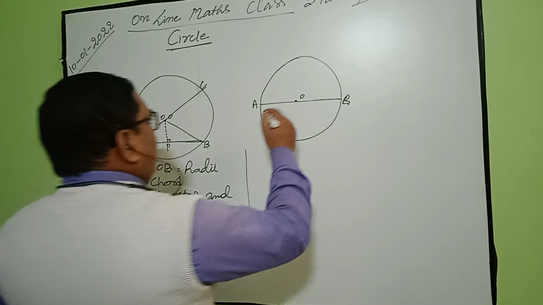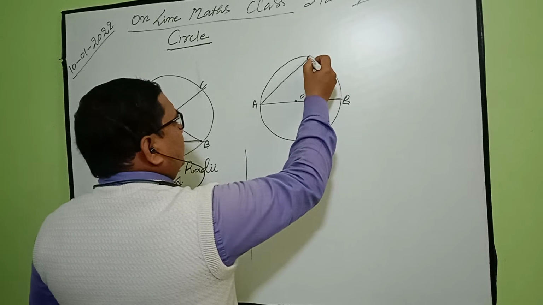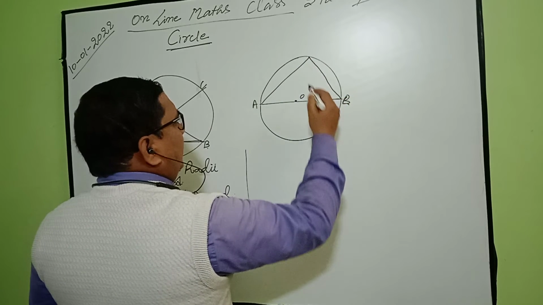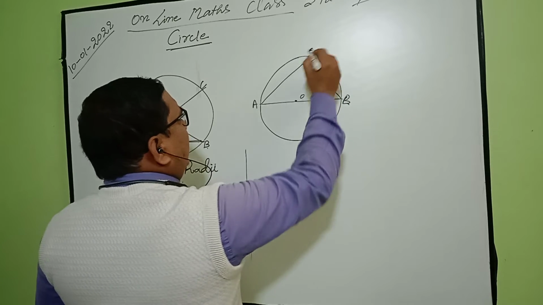Now, from one end of the diameter, if a line touches the circle and joins the other end, it becomes 90 degrees.